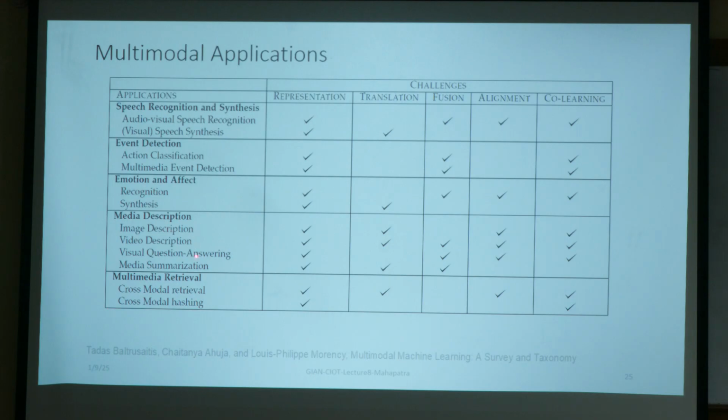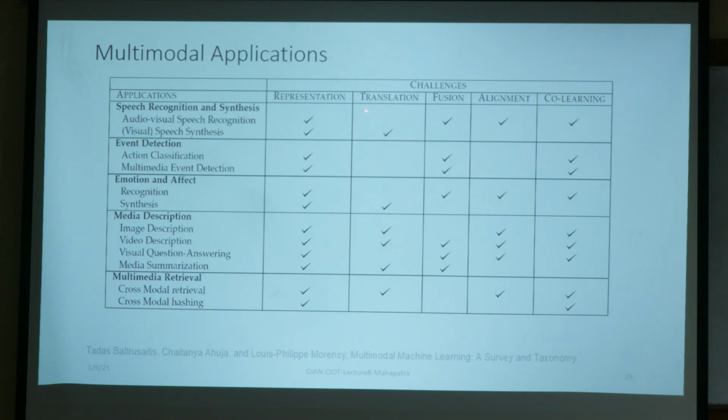Media description, with possible subcategories and applications. Multimedia retrieval, cross-modal retrieval and hashing. So if you see here, all of them have some representation, it is possible to do representation for all of them.